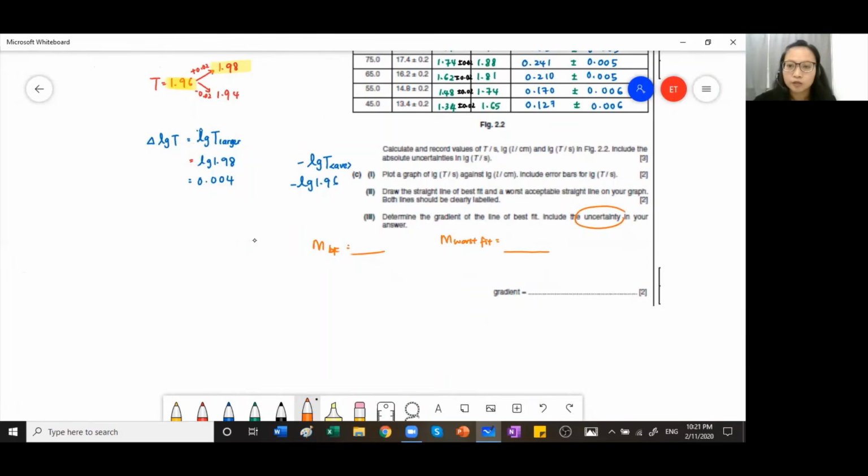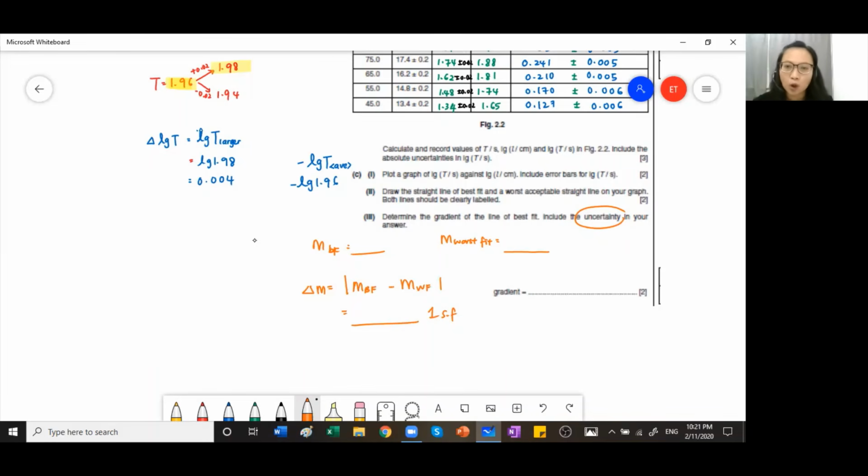The uncertainty of the gradient, delta m, is very simple. I put a modulus here because I want a positive answer. You just take the bigger gradient minus the worst fit gradient. I always put it in one significant figure for my absolute uncertainty of the gradient.